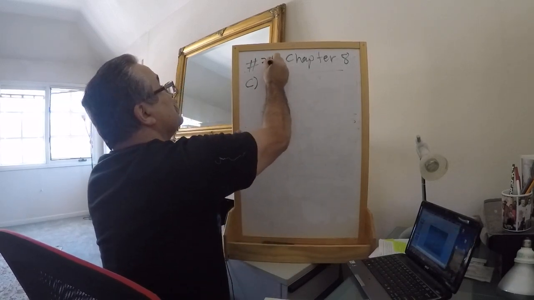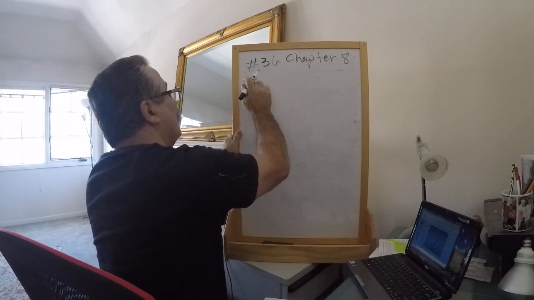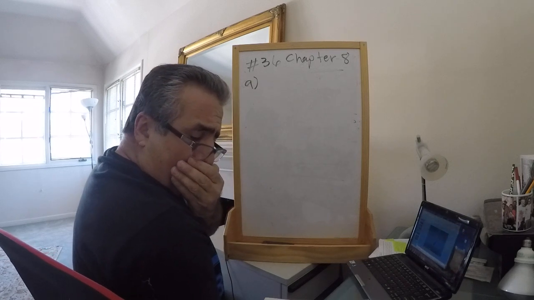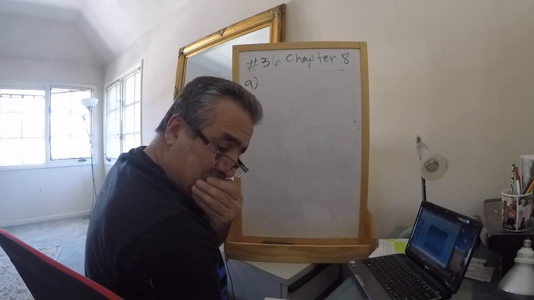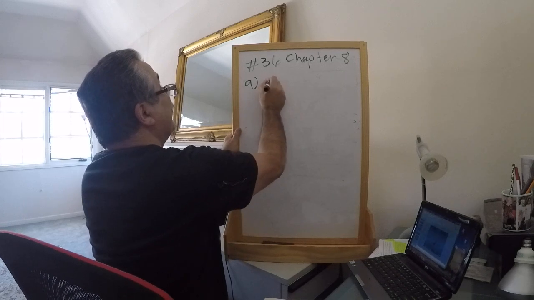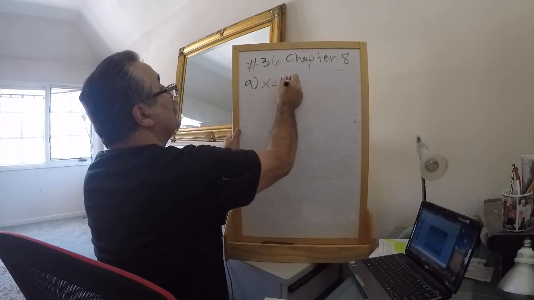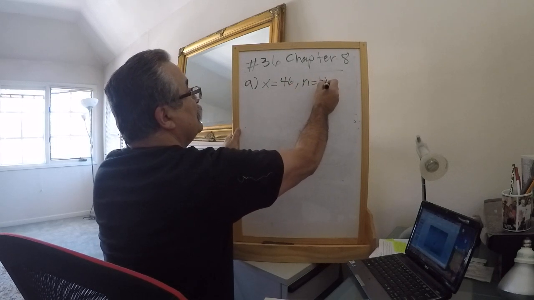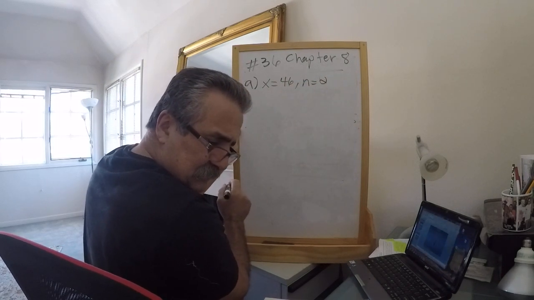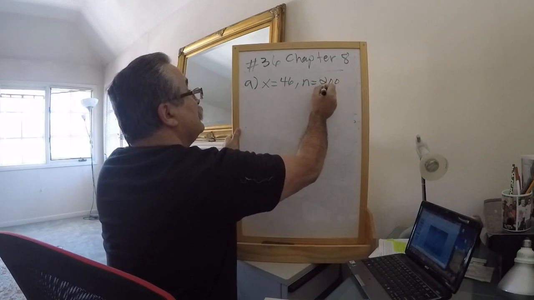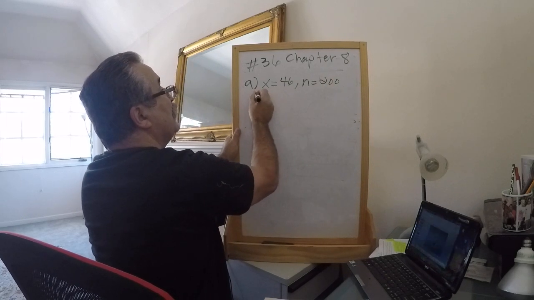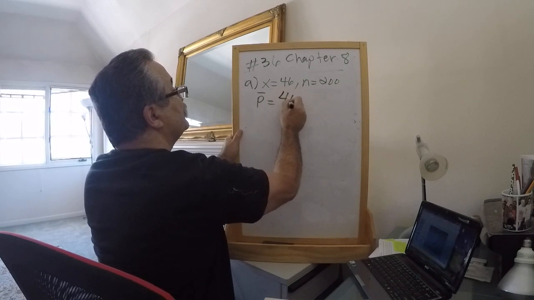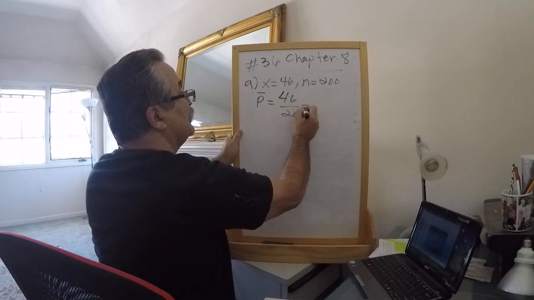Number 36, part A. We have x equal to 46 and n equal to 200. So the point estimate of the proportion is equal to 46 divided by 200.